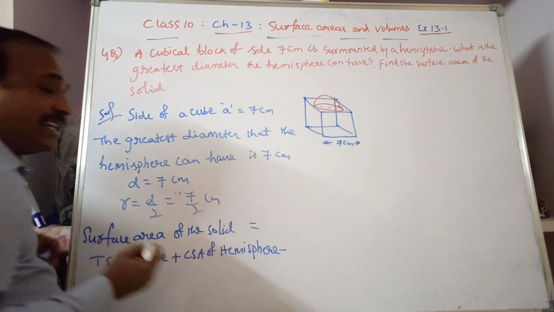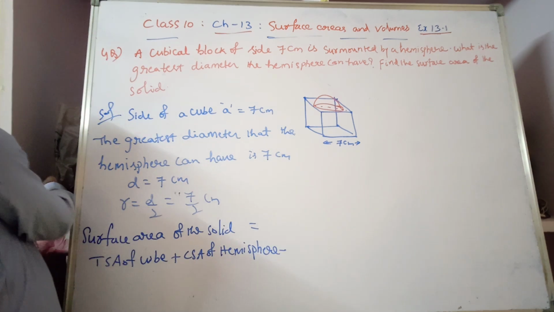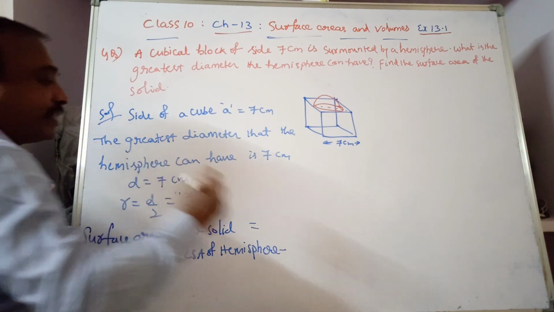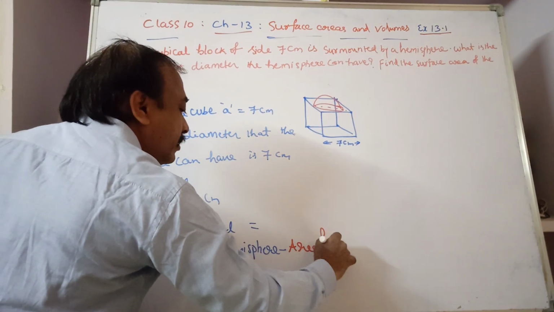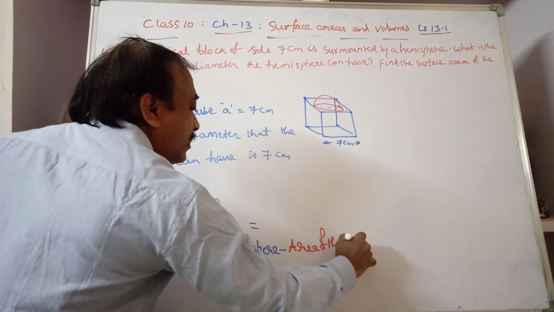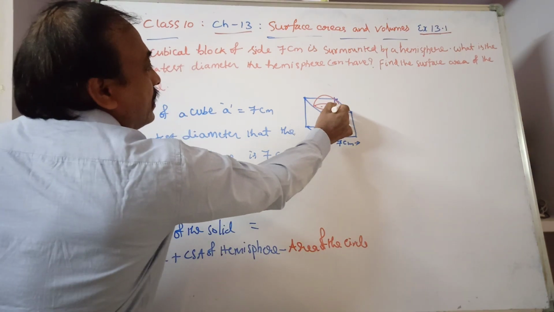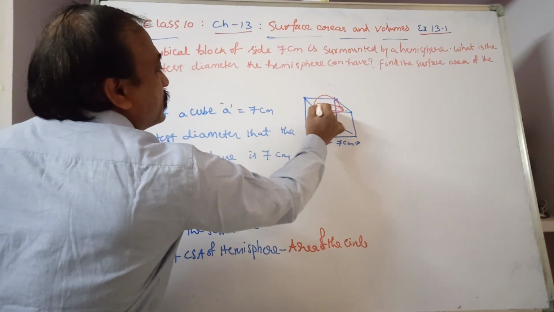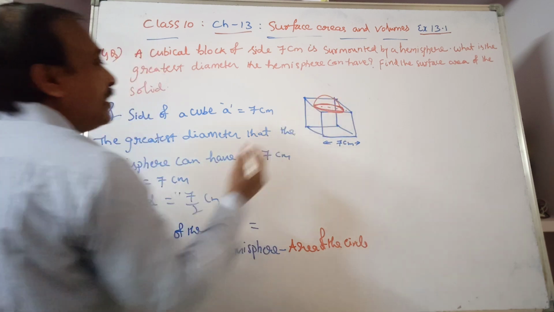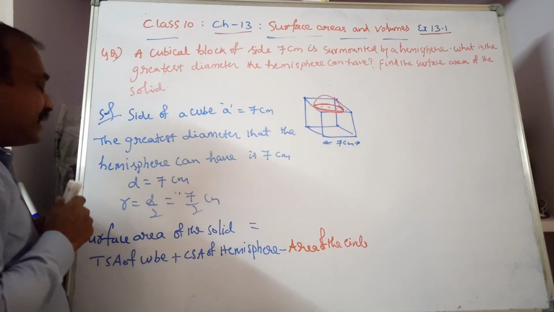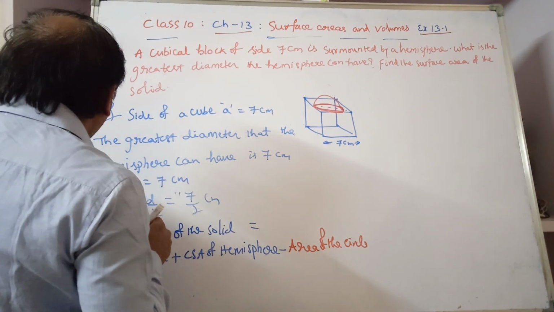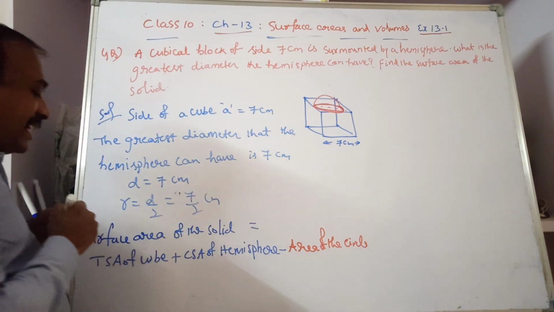Now, as you said, we have to subtract the area of the circle. Where is the circle? This portion we are subtracting, right? So the surface area is TSA of cube plus CSA of hemisphere minus area of the circle. Now what is the TSA of a cube?